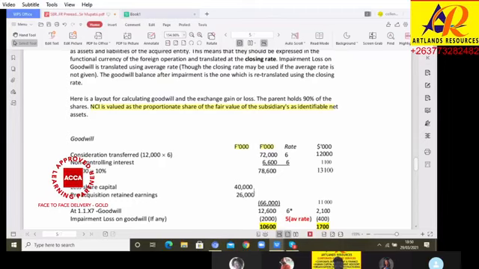If you are told that this is partial goodwill method, how then do you value NCI? We are being told that NCI is valued at its proportionate share of the fair value of the subsidiary's identifiable net assets. Meaning what you do, you first calculate net assets of the subsidiary like this.